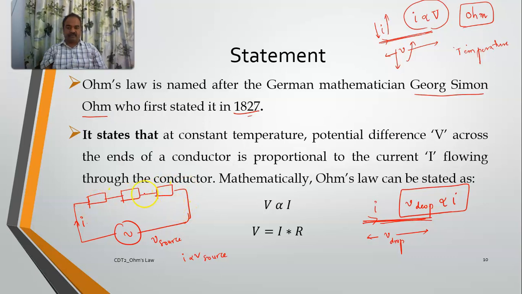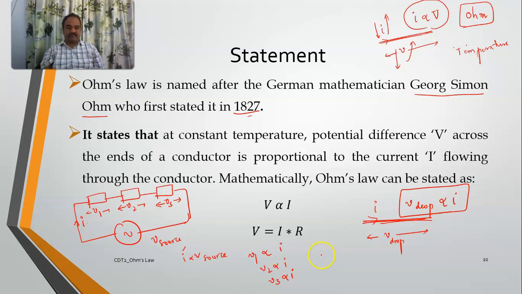Now the same current is flowing through these elements, right? And while it is flowing, it will create voltage drops, right? So I is governed by the V source, and these individual voltage drops are governed by currents.